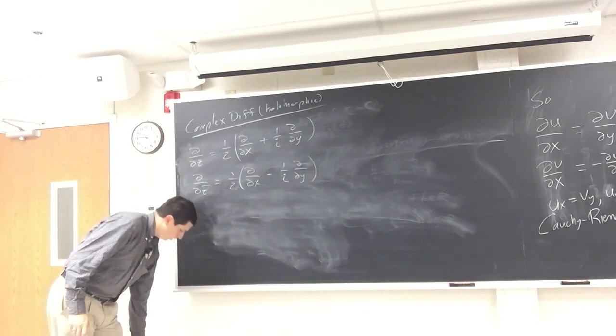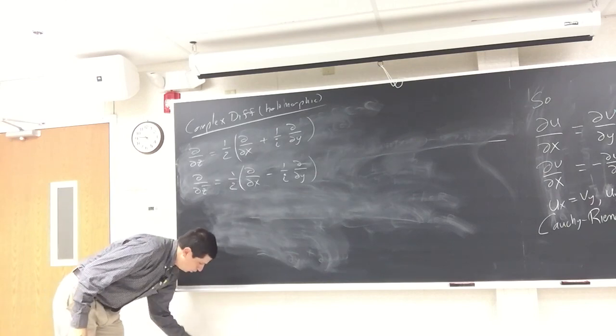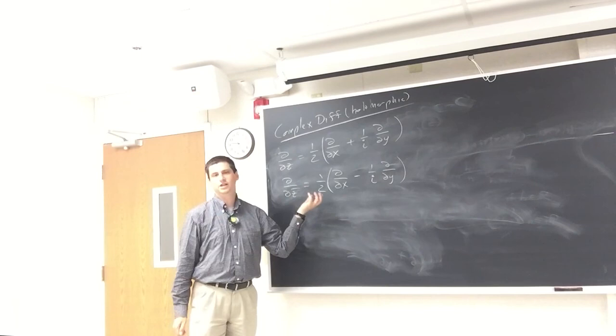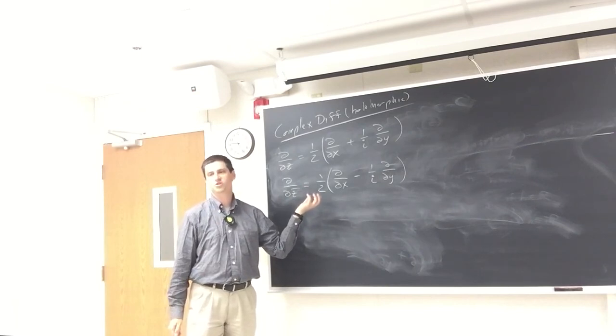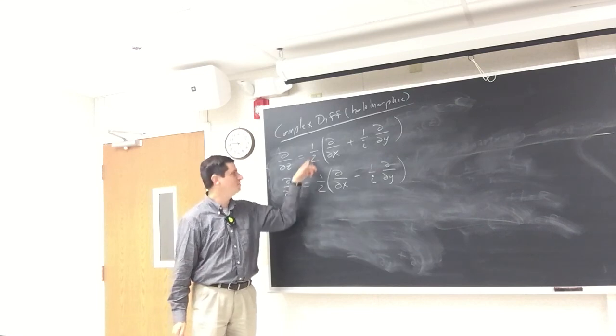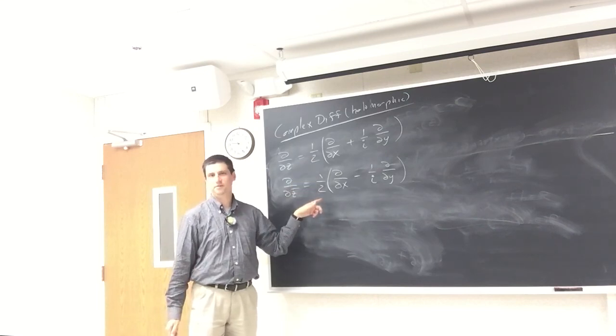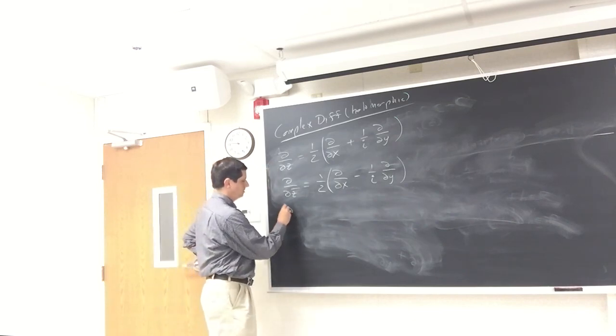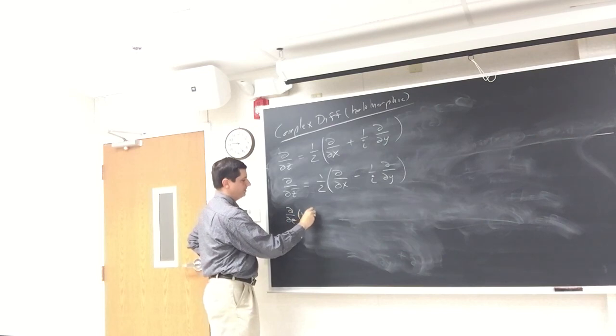Okay. One of the painful things in complex analysis is that 2's and z's look a lot alike. So I will always try to put a slash through the z. We're not dividing by z here. Okay. Let's see what happens if we apply d by dz to the function u plus iv.